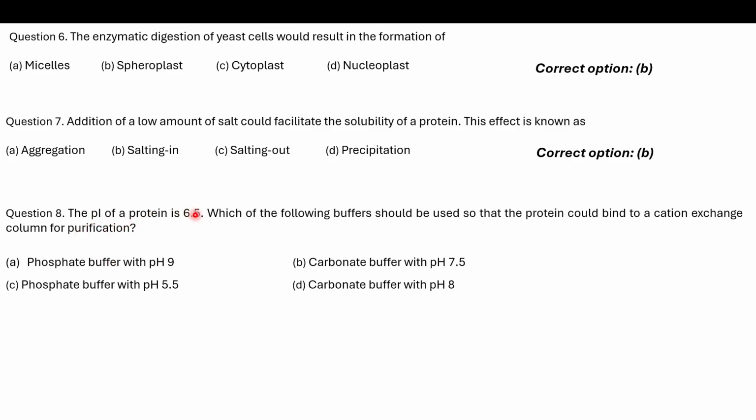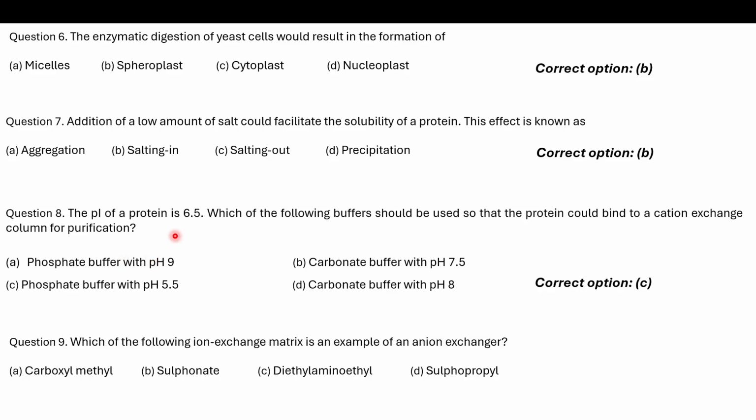Now the pI of a protein is 6.5. Which of the following buffers can be used so that the protein of interest can bind to a cation exchange column for purification? Cation exchange means the protein should be positively charged, right?